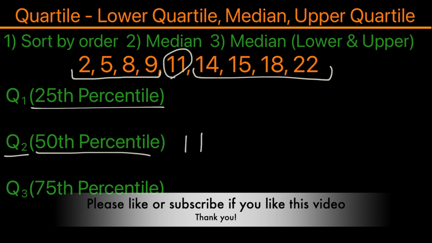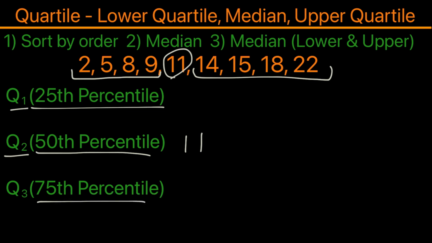Now we need to find the 25th percentile, which is the first quartile, and then the 75th percentile. For the 25th percentile, which is the lower quartile, we're trying to find the middle number, which is the median, here. As there is an even count of numbers, we need to take the 5 and the 8 and find the average of the 2 numbers.